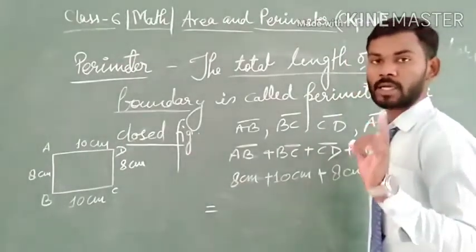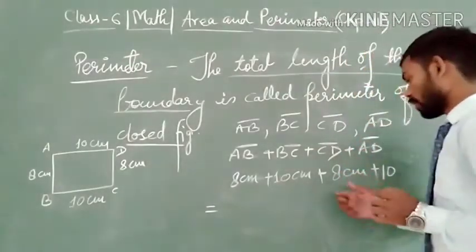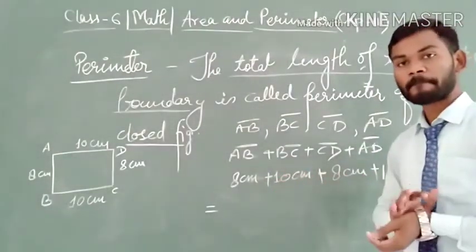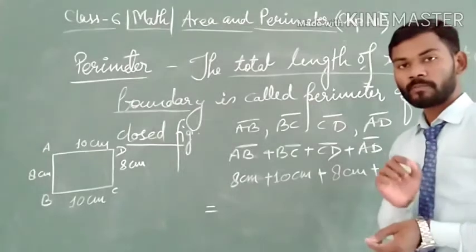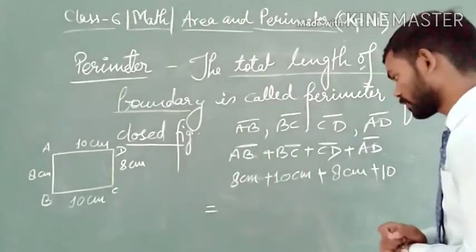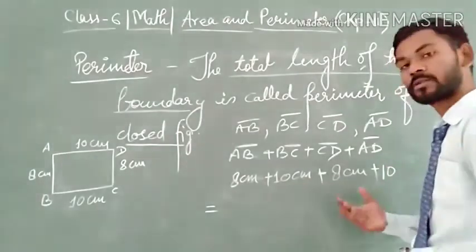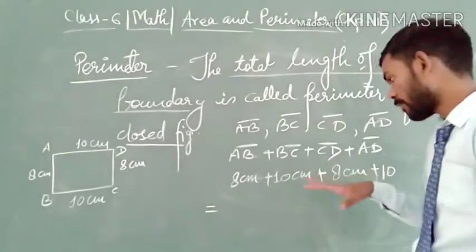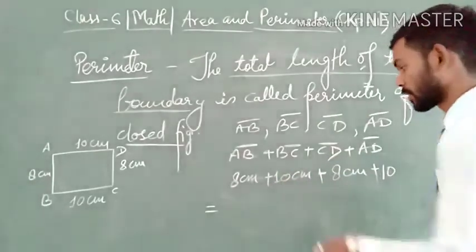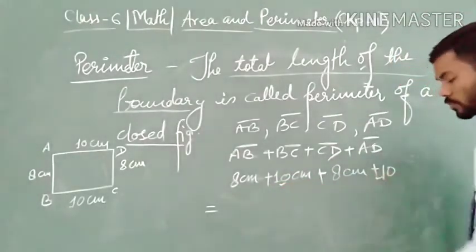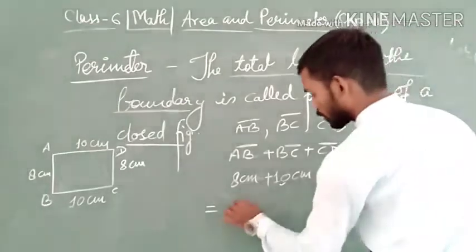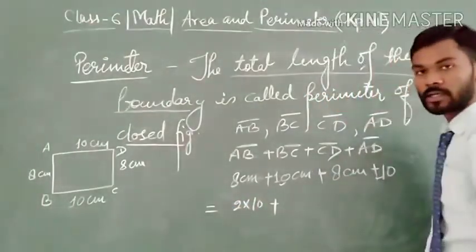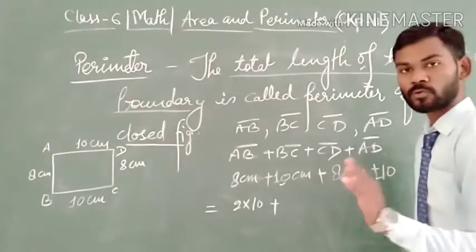One most important thing I would like to tell you is that here we can also find the value by just adding them directly. But I want to make a small change here. In this statement, we can see that 10 came two times. That is why we can write it as 2 multiplied by 10, and plus similarly 8 is also 2 times.